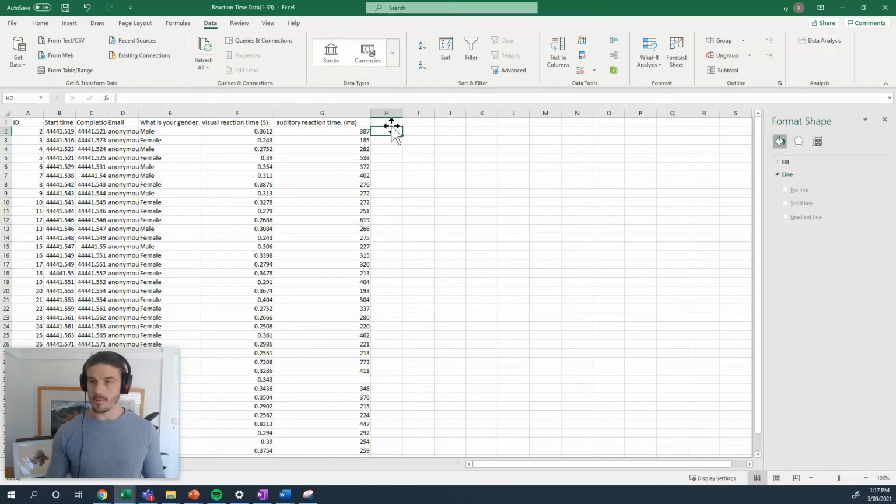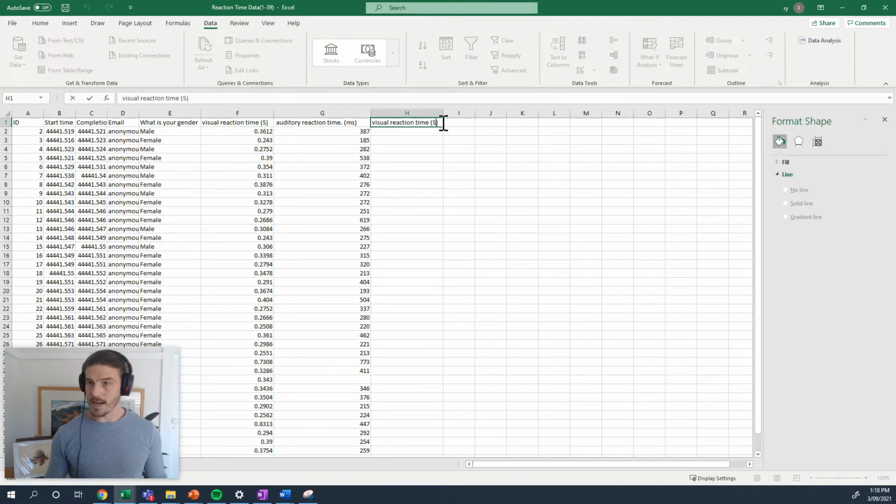So what I'm going to do is put a new column here. Let's take that, Control C, Control V to copy and paste, and I'm going to change that to milliseconds. Okay, how do I convert seconds to milliseconds?